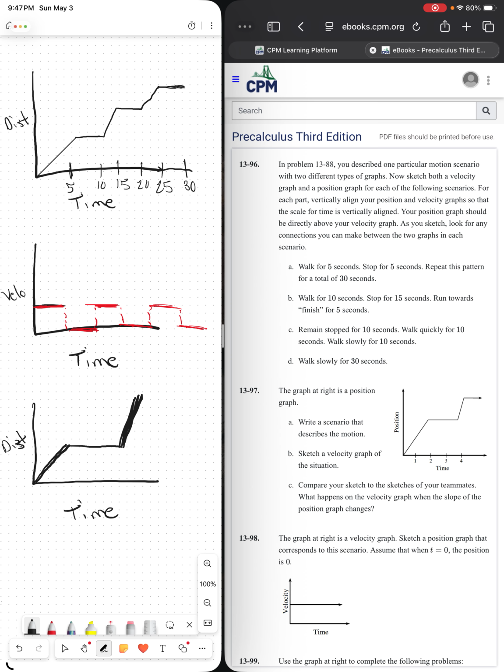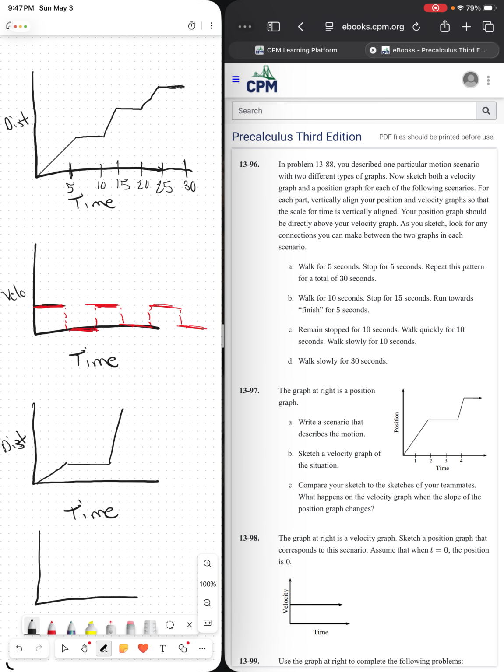This is a walking rate. This is a running rate. And I could make those different. If I really needed to distinguish the difference, we could say walking rate, stop, running rate, like so, where it increases more, if you want to make this more vertical.